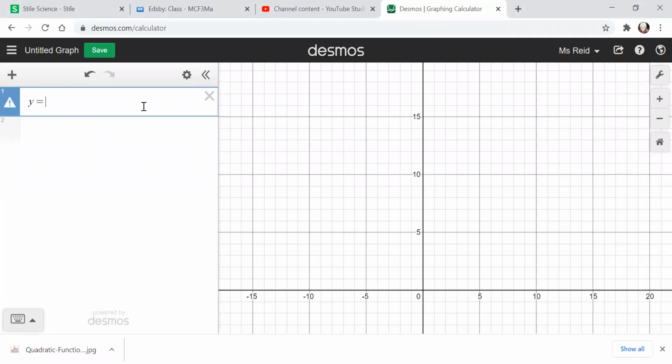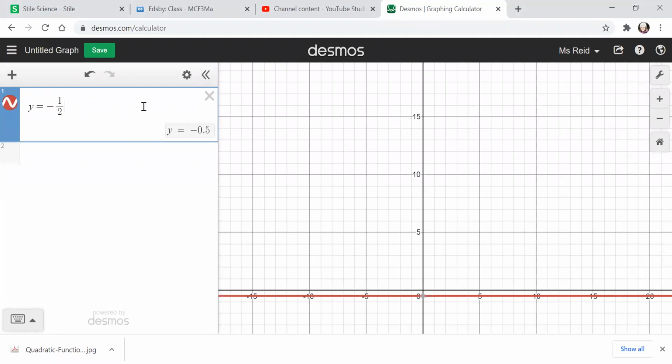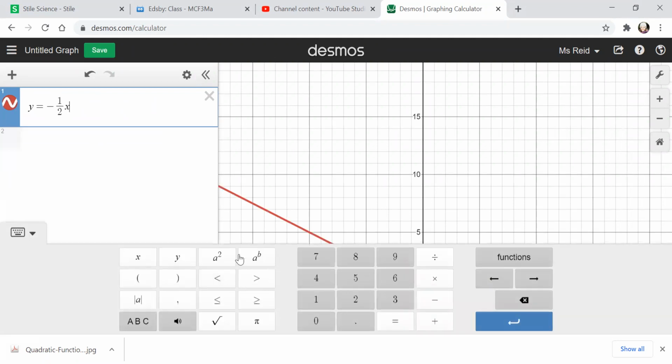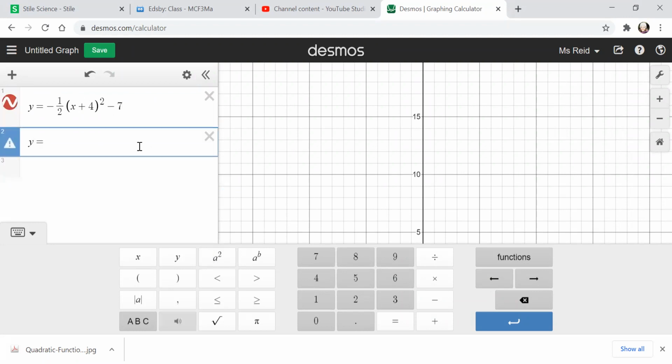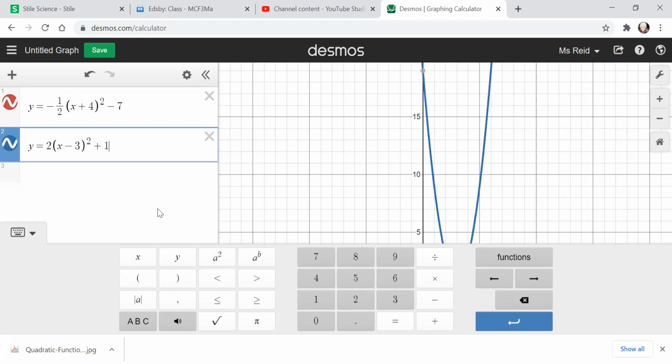Here's the first one: y = -1/2(x + 4)² - 7. And the second one was y = 2(x - 3)² + 1.